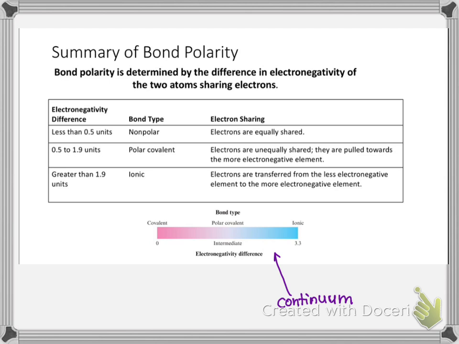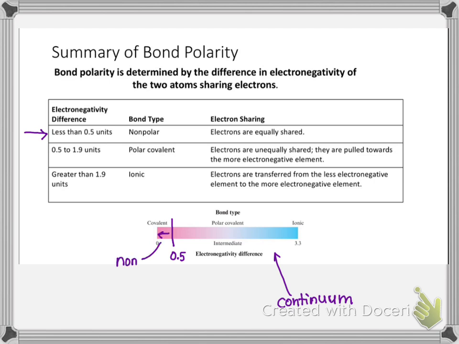So you can see here, nonpolar covalent, where the electrons are shared equally, the difference would have to be less than 0.5, so 0.4 or less. So we'll just draw a fake little line. So we would say, okay, here, this is 0.5. And so if you're below that, you're nonpolar.